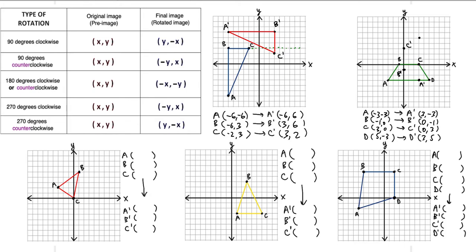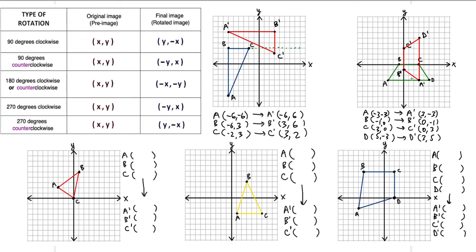Okay, let's connect this now and see what we got. Okay, so that would be something like this. Okay, and also I need to mark this as a D prime.